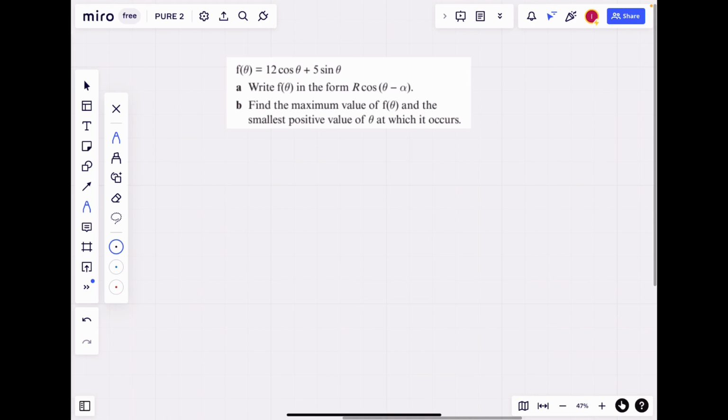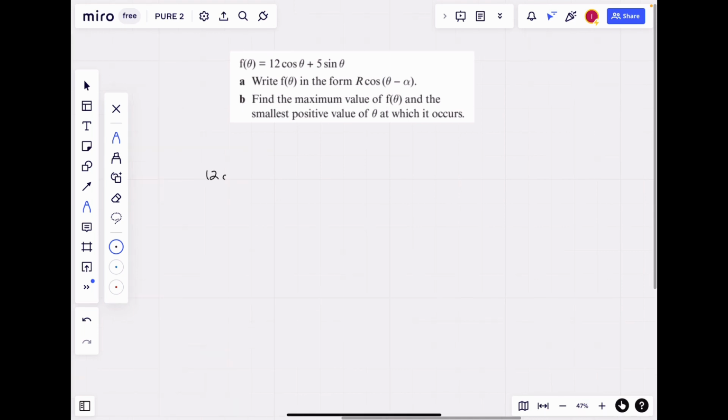So we're going to do the same thing as before. 12 cos theta plus 5 sine theta is r cos theta minus alpha. Can you apply the addition formula to r cos theta minus alpha, please?